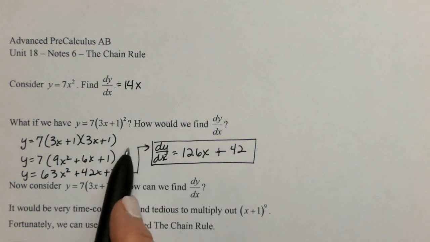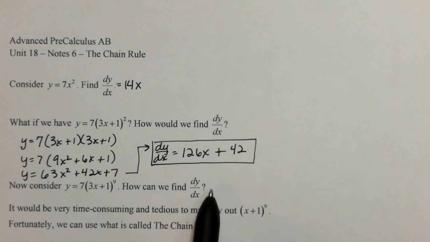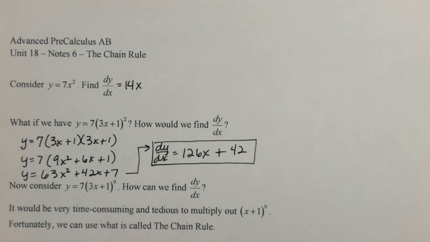We would be foiling for about a half an hour. Hopefully we would not make any multiplying or addition mistakes, but it would take a little time. And then we would apply the power rule to that 9th degree polynomial. It would be a tedious and time-consuming process.